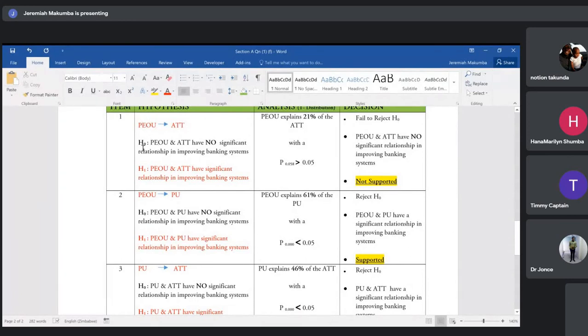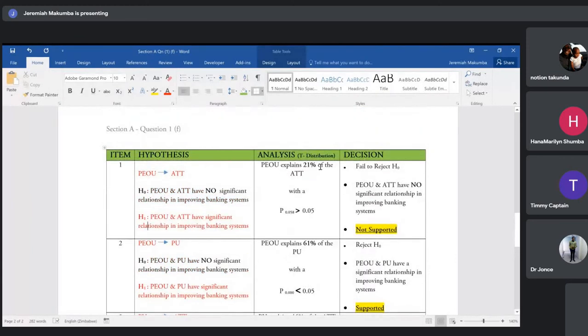So the null hypothesis here says PEOU and attitude have no significant relationship in improving banking systems. Then the alternative is the one where we say they have a significant relationship in improving the banking system. I've colored them red, the ones given in the table, and our hypotheses which have been explained here are in red.